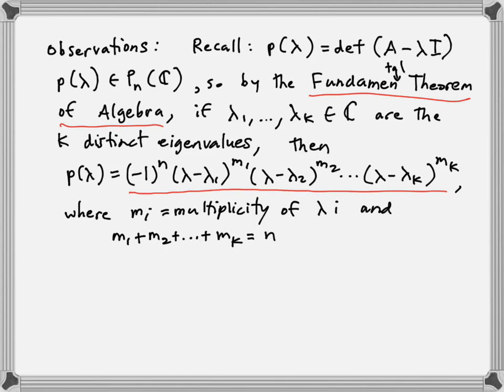And we know that if you add up all the times that those things appear, they have to add up to the degree of the polynomial. Okay? All of this is going to become important with some terminology in a moment, but we're going to do an example. Okay, so let's do an example.